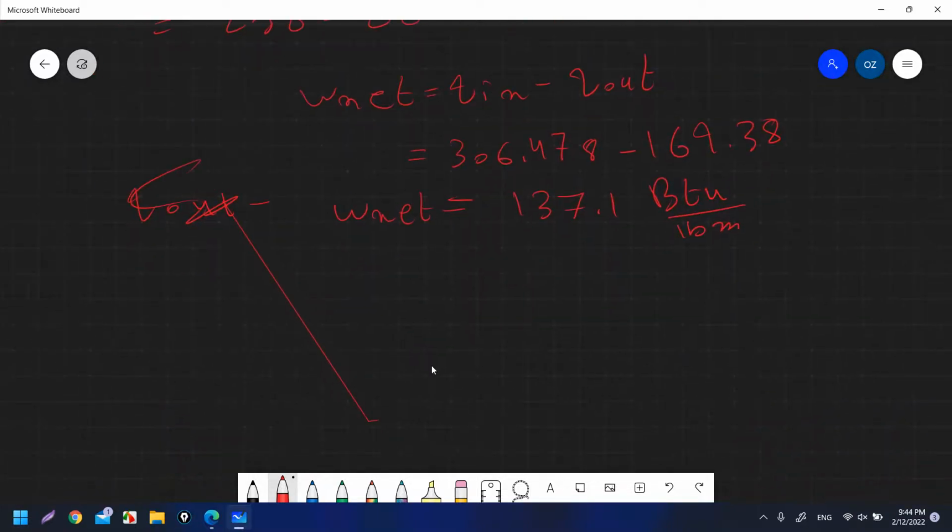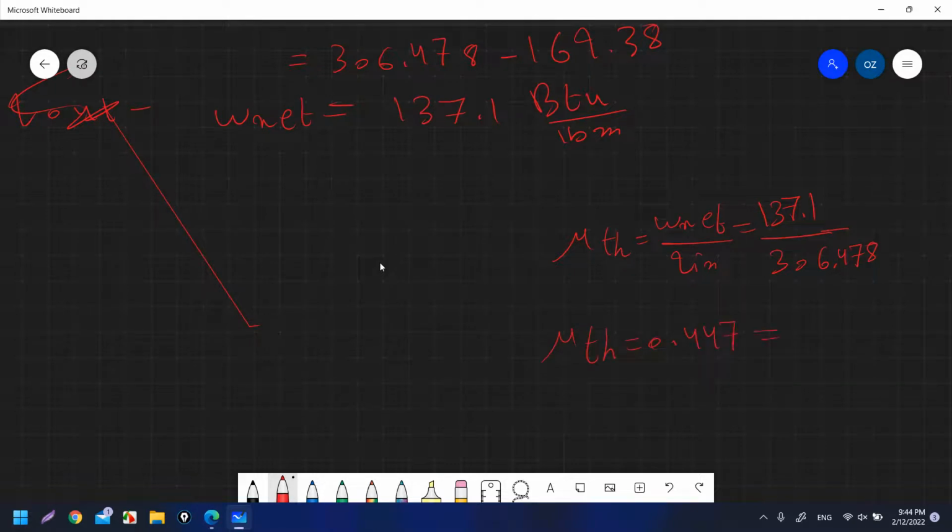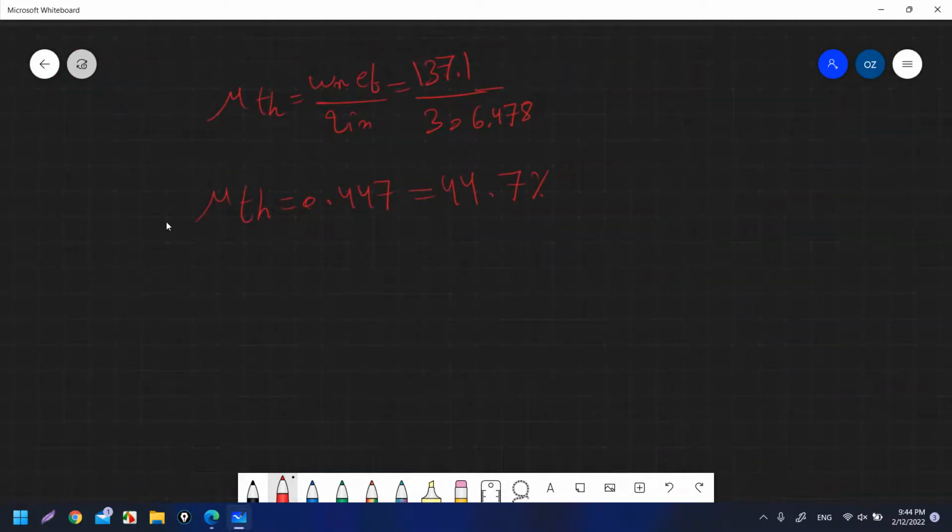For the thermal efficiency, W net over Q in equals 137.1 over 306.478, and the thermal efficiency will be 0.447, or 44.7%.